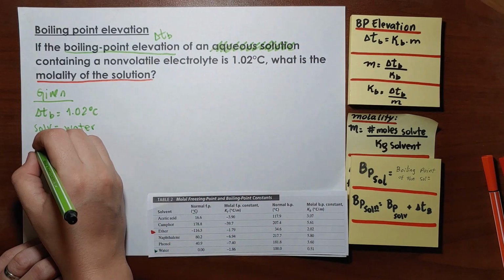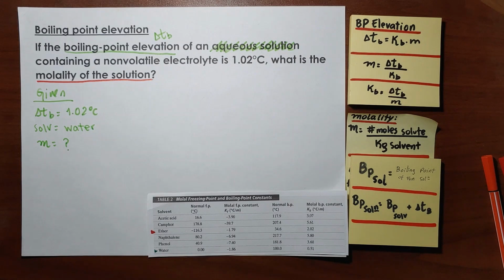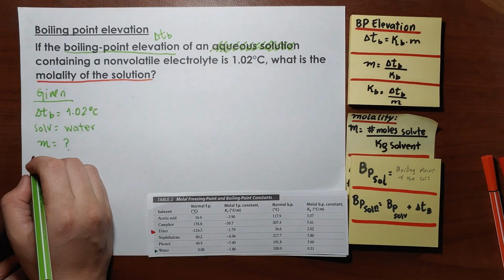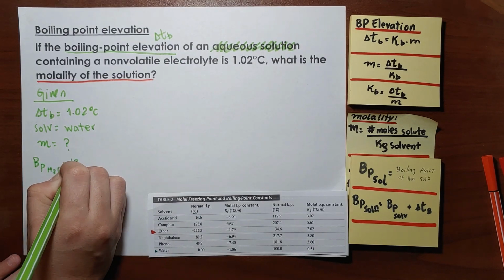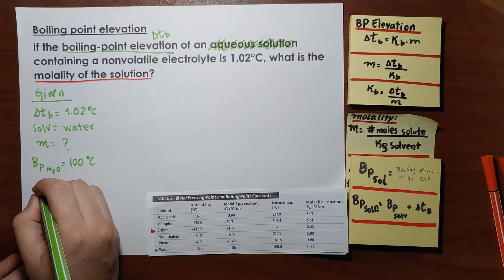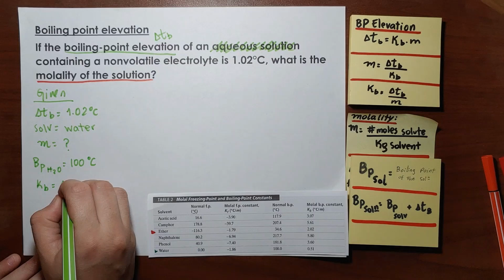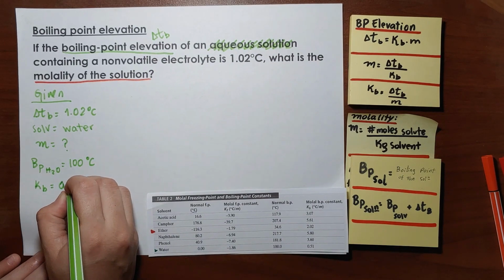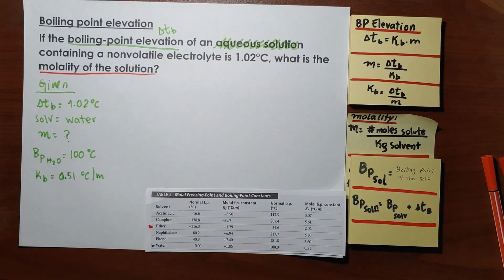And they're asking me to find m, which is unknown. But we do know a few things about water. It has a boiling point of 100 Celsius. The boiling point of H2O is 100 Celsius. And the constant Kb is 0.51 Celsius per molal.